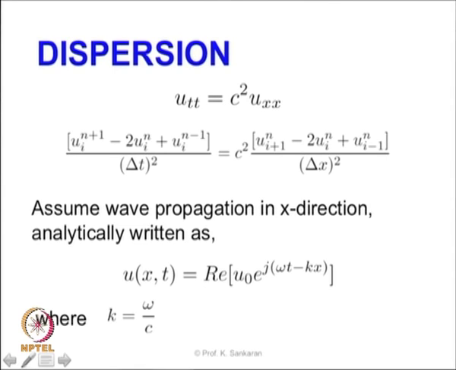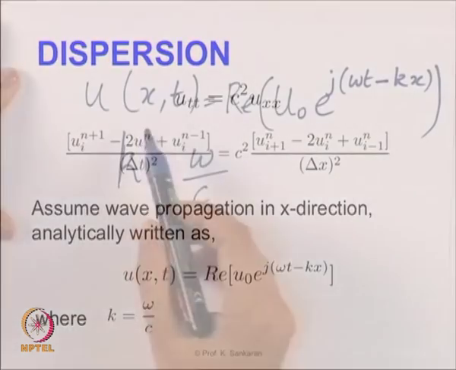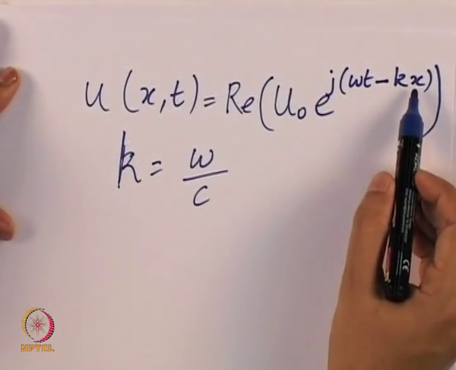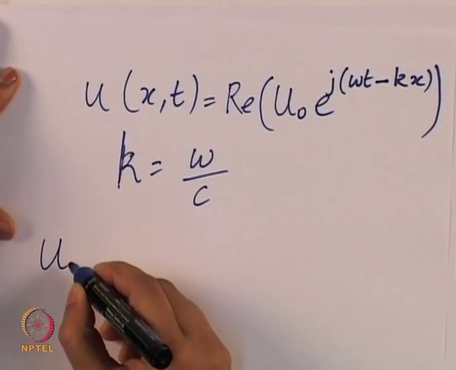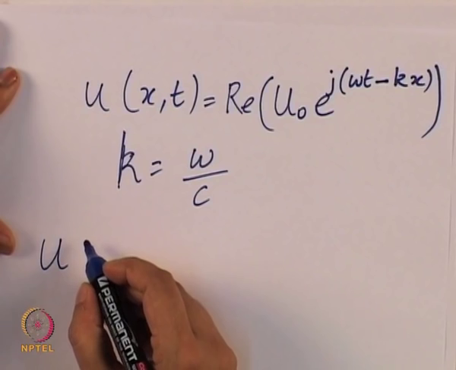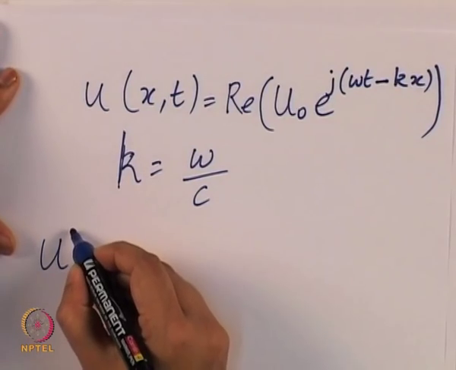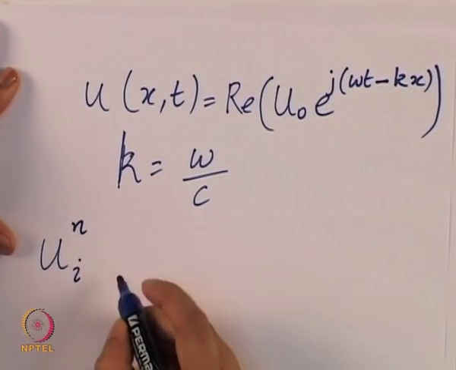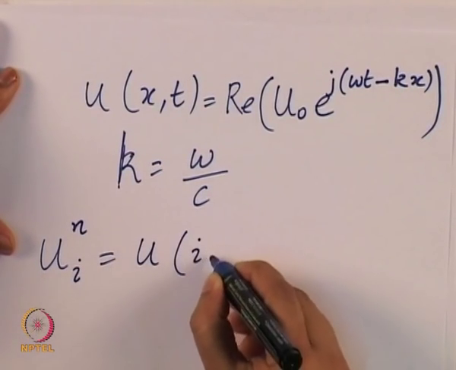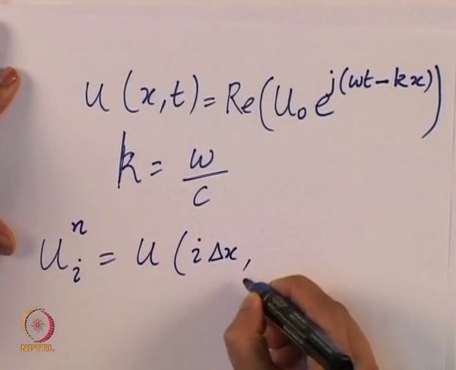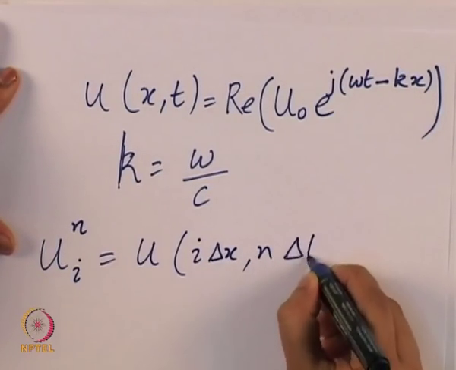Now we can write the finite difference approximation. As you can see, the analytical solution is continuous in time and continuous in space. If you write the same thing as a finite difference approximation, we can write u of i, n, which is nothing but u of i delta x comma n delta t.